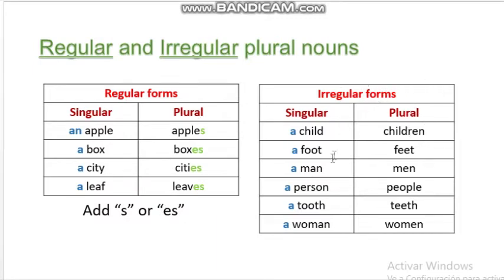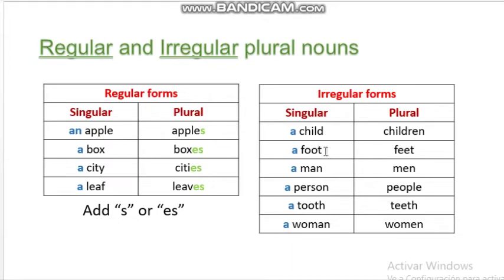Some irregular nouns that we have in this list are a child, the plural is children. We don't say childs. It's a common mistake that students have. It is children. The same with a foot.